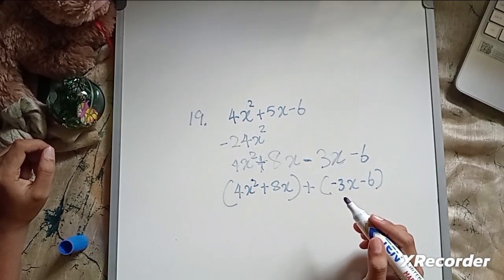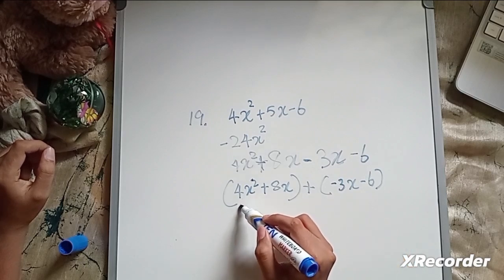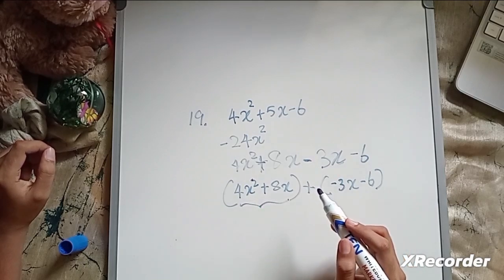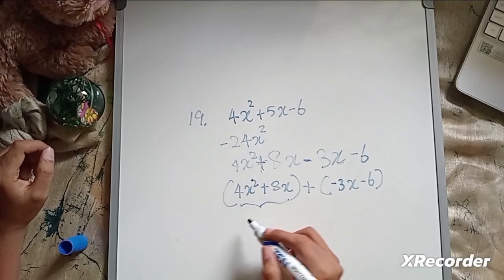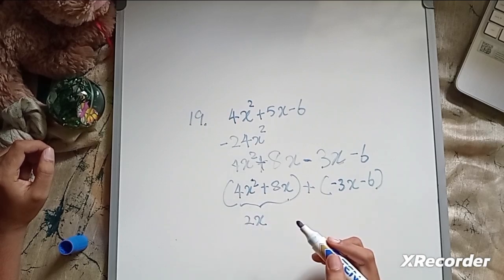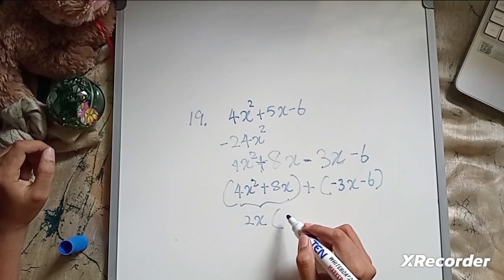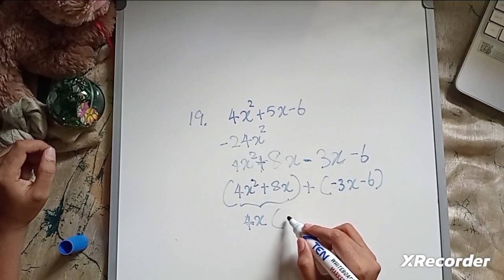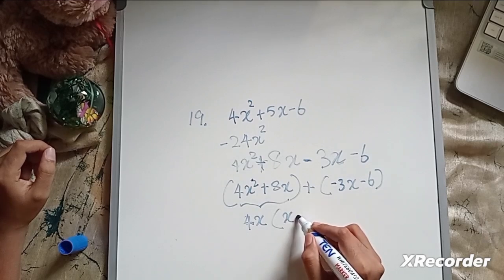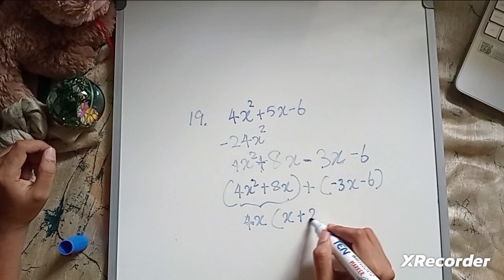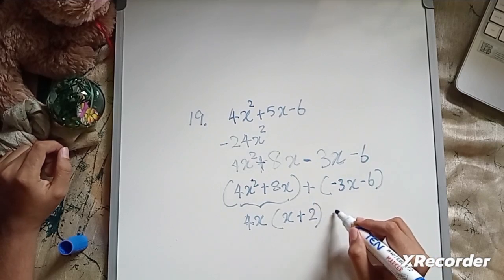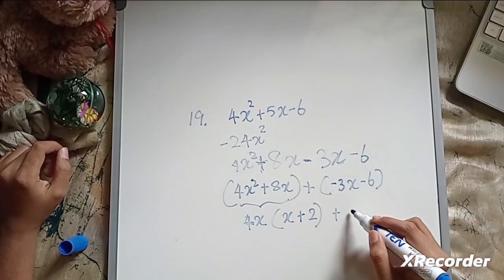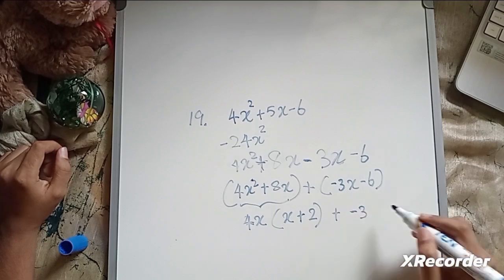Then we can try a common factor for these two. You can see 4x is common. So here it is x plus 2. This is plus. Here the common factor is minus 3.